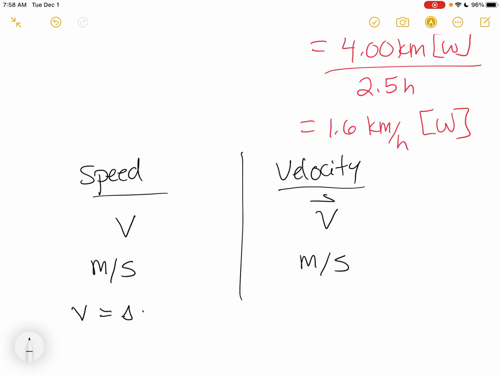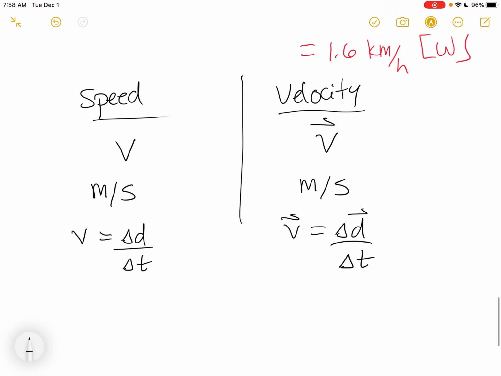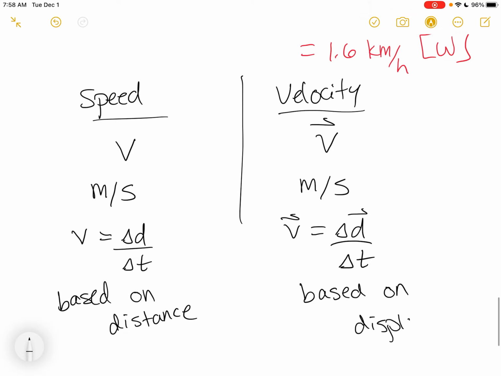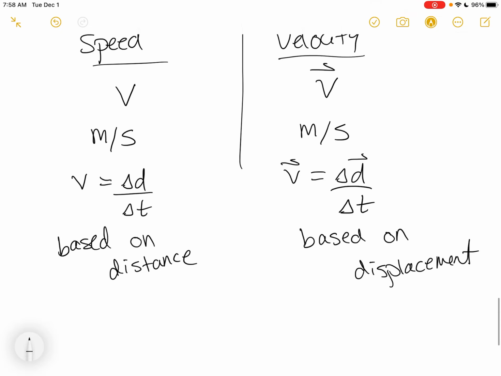Our formula for speed is distance over time, and our formula for velocity is displacement over time. So speed is based on distance, and velocity is based on displacement. Speed is a scalar quantity, and velocity is a vector quantity. So it has direction associated with it.